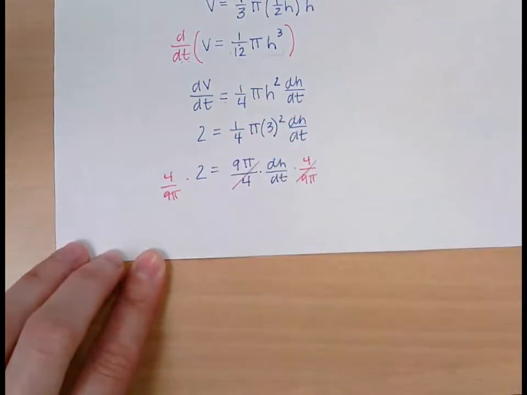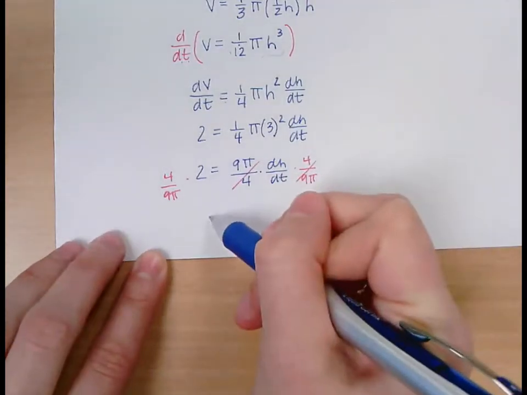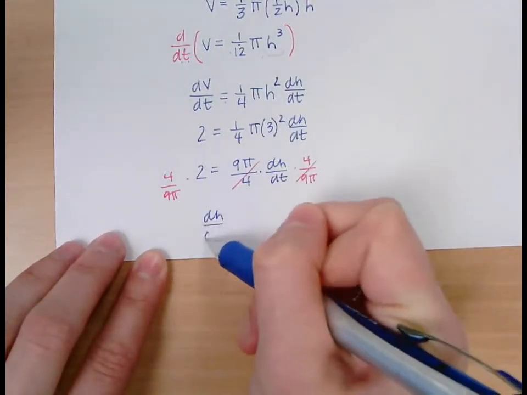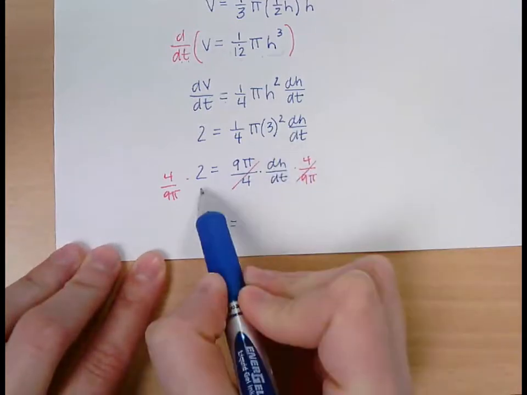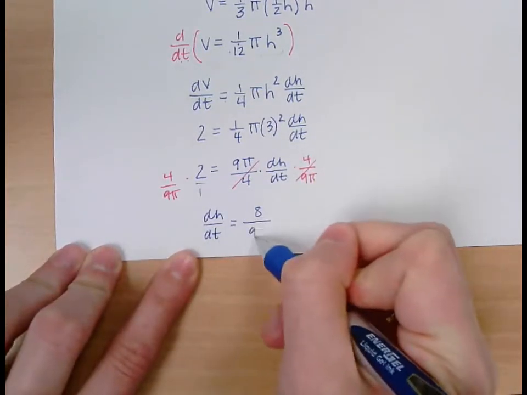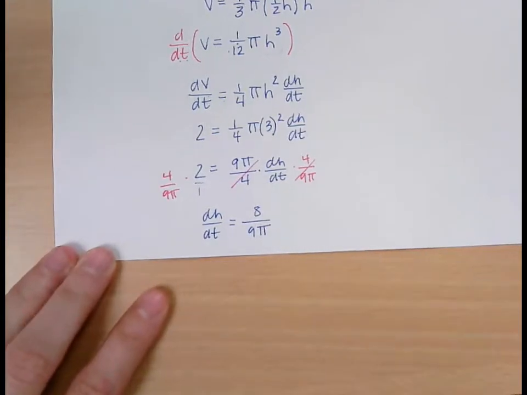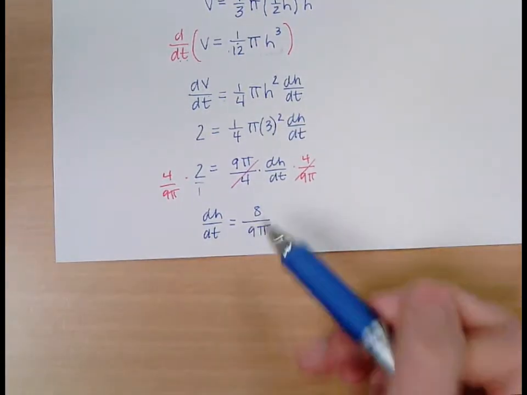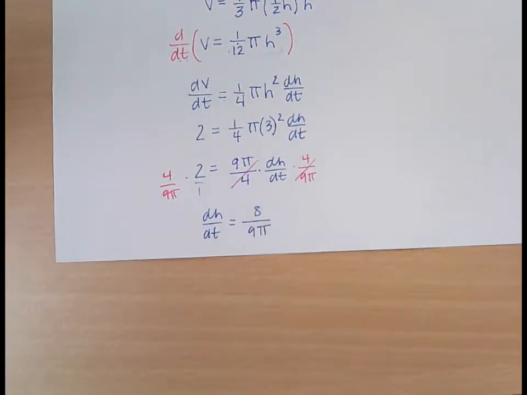So that'll cancel out. Then dh/dt will equal, this is like 2/1, so it'll equal 8/9 pi.